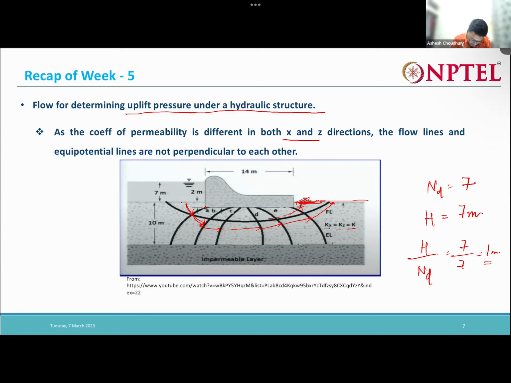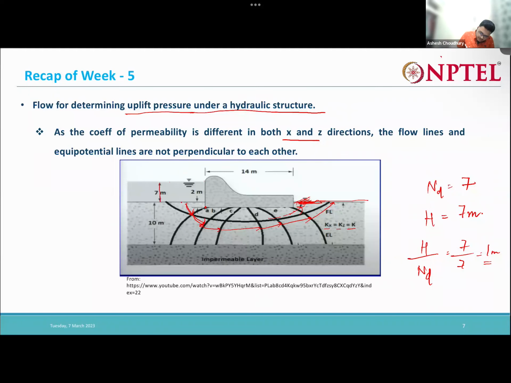It is given 1 meter. So what is my total head here? It is nothing but 7 plus 2.